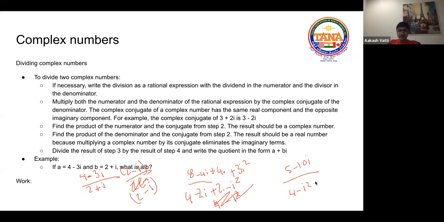Remember, i squared is -1. So you have 4 minus -1, which is just 4 plus 1. So you get 5 minus 10i over 5, which is equivalent to 1 minus 2i. Any questions? And that is your answer.